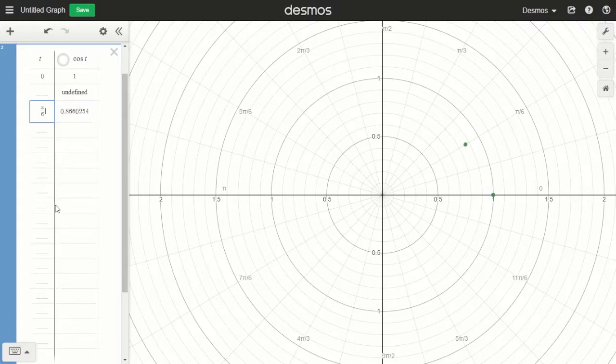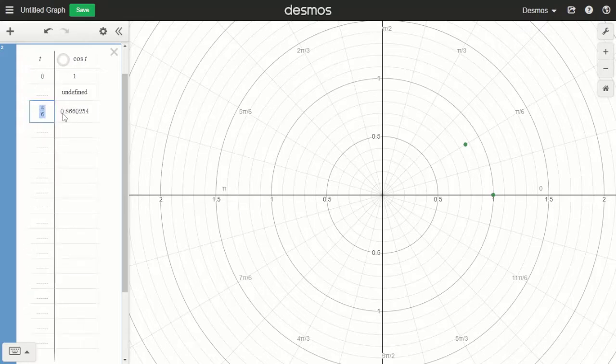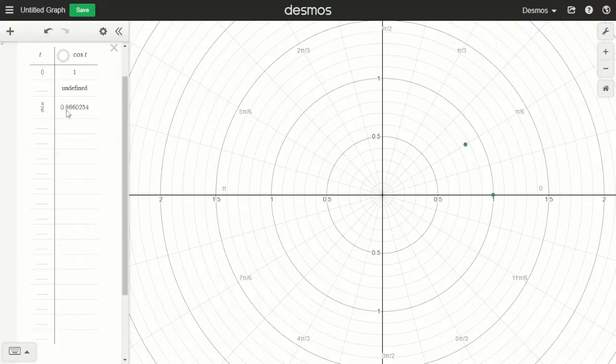The only downside with Desmos is that it is not able to give me the value in root expression. So this 0.866 and a lot longer is the decimal value for square root 3 over 2.